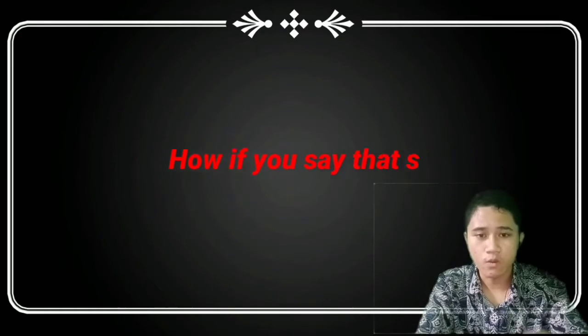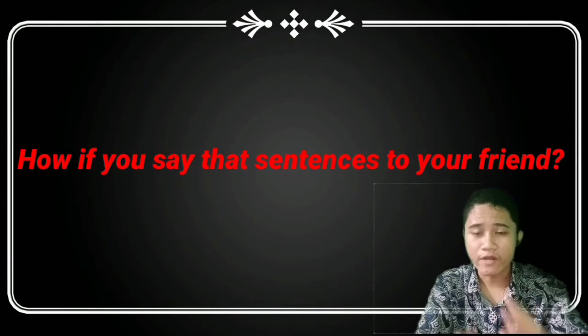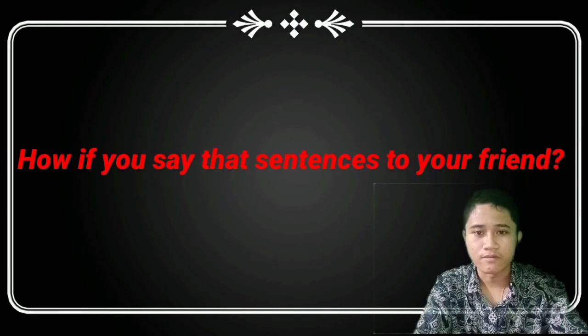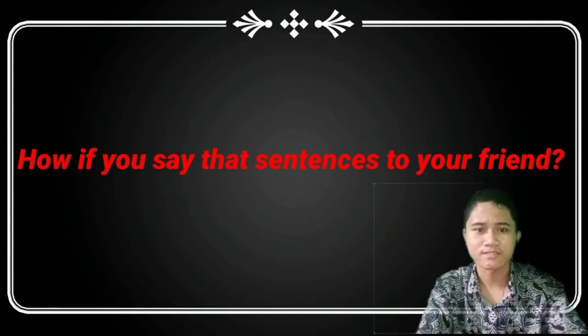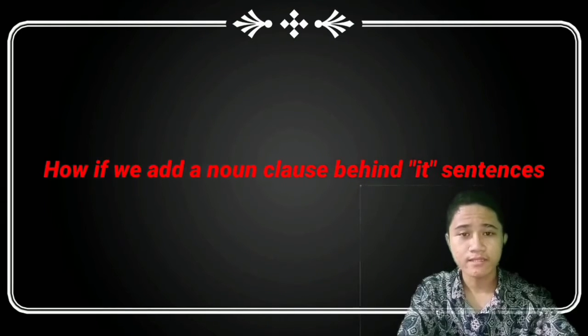Okay, so when you suddenly say the sentence to your friends or anyone without pointing at an object or anything, your friend must be confused about what the word it means. I'm sure. How if we add a noun clause behind that sentence?